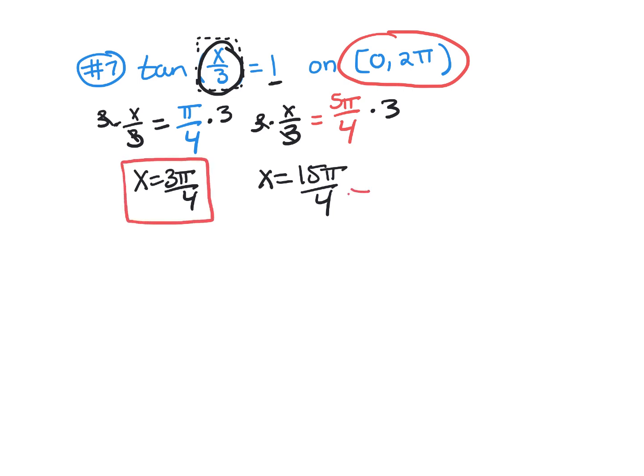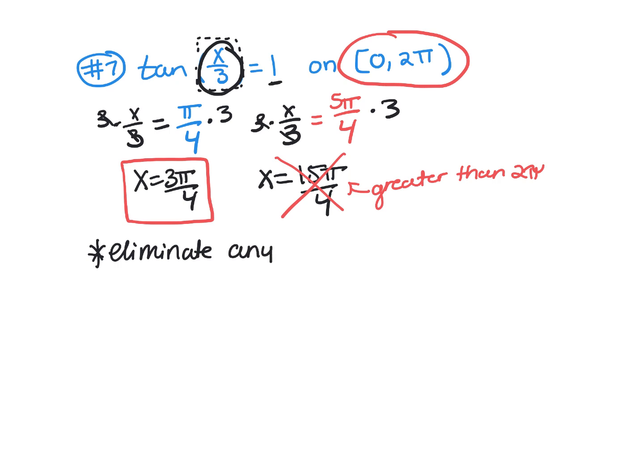But 15 pi over 4 is greater than 2 pi. So that means this one will not be a solution because it is outside of our specified interval. So that is just one of our special cases that we need to remember, is that we need to eliminate any angles outside of the given interval.